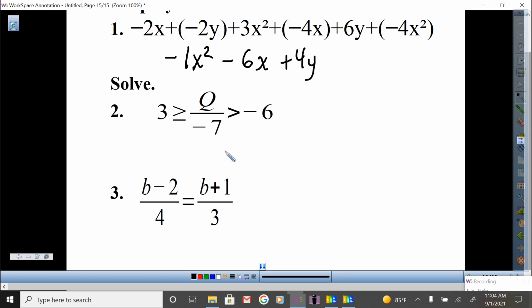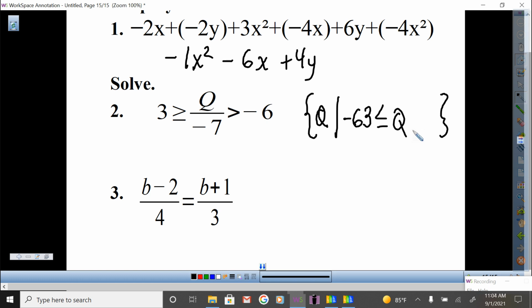What do you get for number 2? Solution set. How about Miguel? Solution set of Q such that, what else? Is that it? Okay.